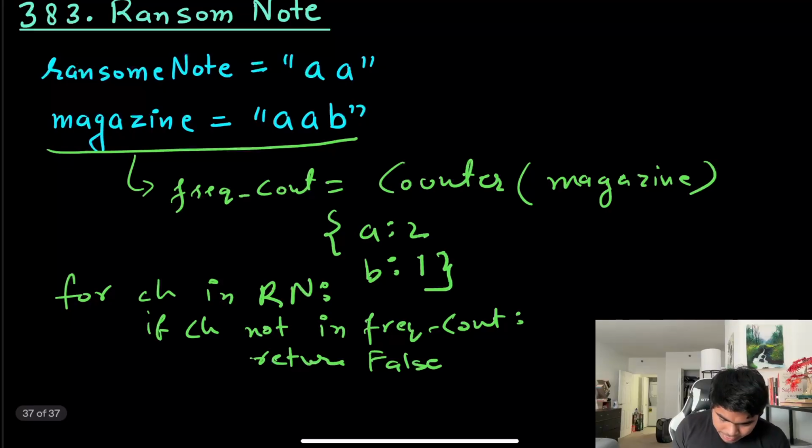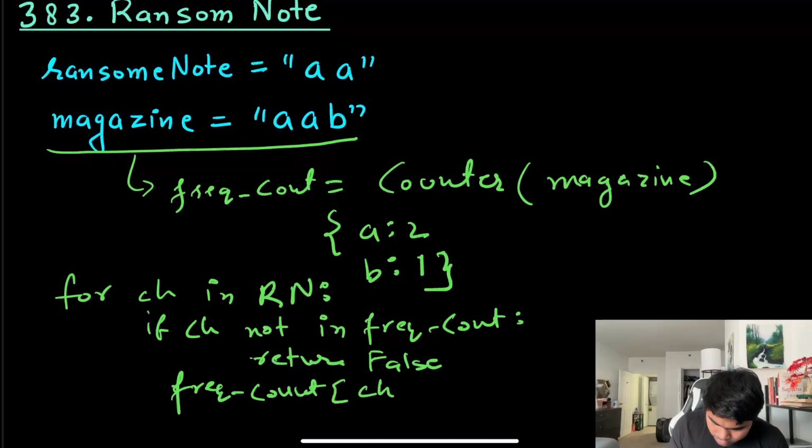Another thing is, if this exists, then I will reduce the count for this character because I'll be using it. So in my frequency count, I will reduce it by 1 for that character.